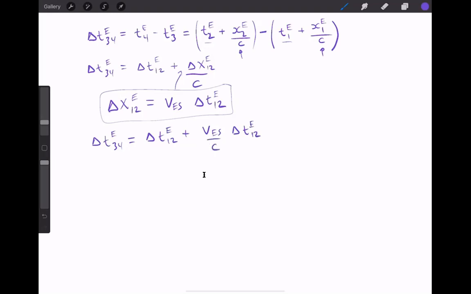So you see that we have the same delta T_E on both sides, so I can take it out and do this algebra. And that gives me 1 plus v_ES divided by c.